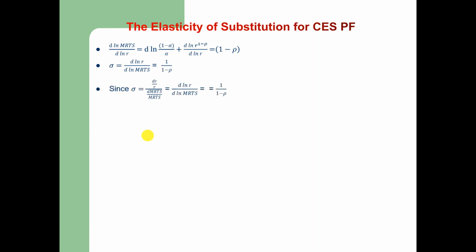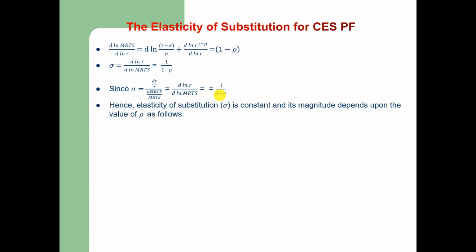So I'll show that. As I said earlier, this logarithmic derivative of R is equal to this, and this logarithmic derivative of MRTS is equal to this, and finally we can write it like this, and it is equal to 1 divided by 1 minus rho. As I mentioned earlier, sigma is constant and its magnitude depends upon the value of rho in the following fashion.